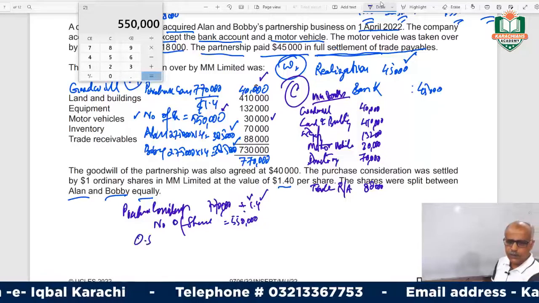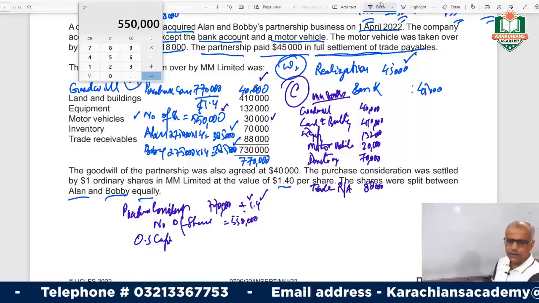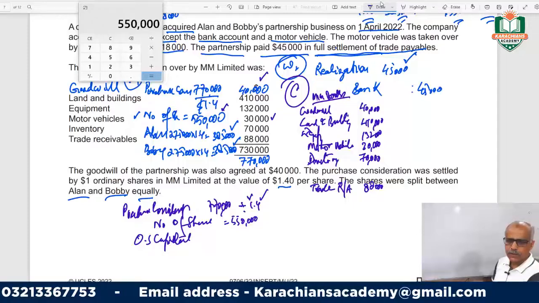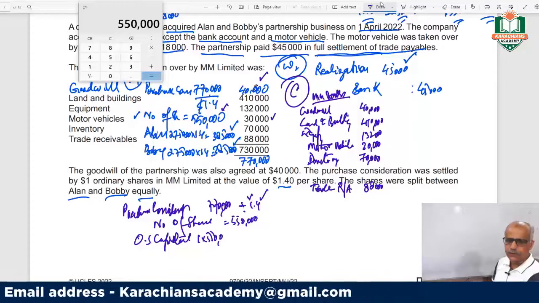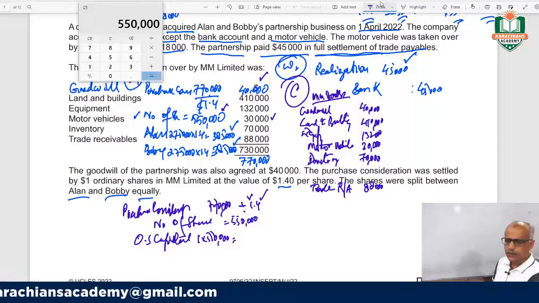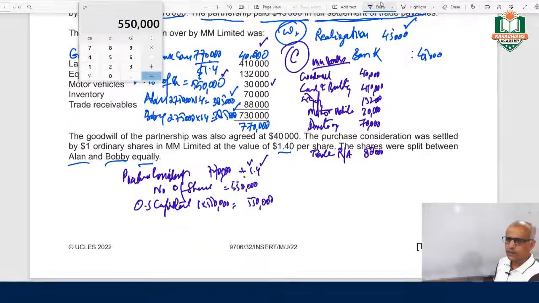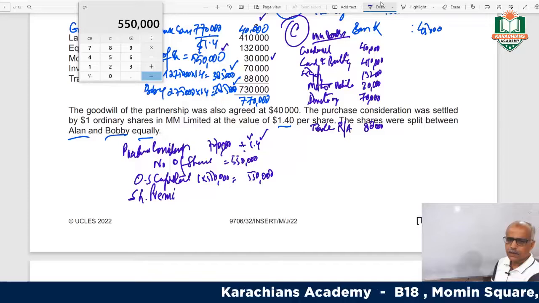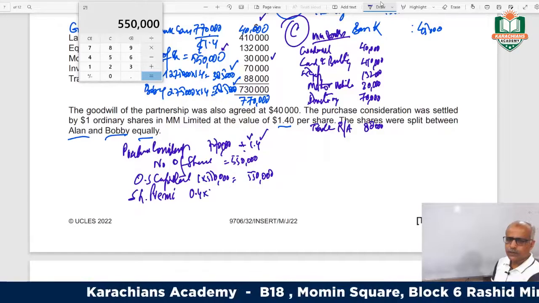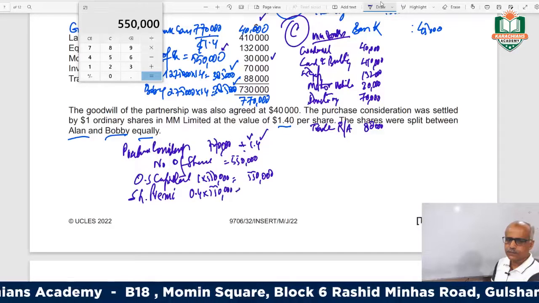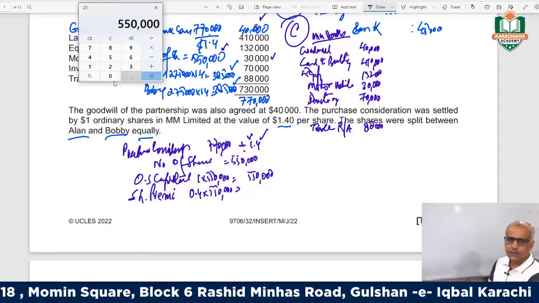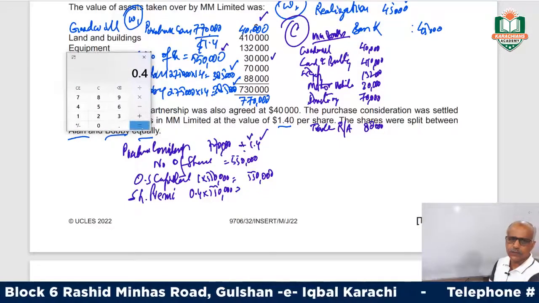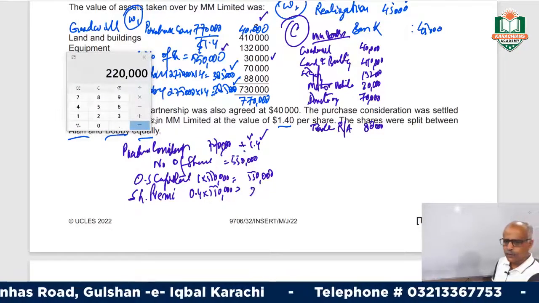So ordinary share capital is 1 into 550,000 shares, equals 550,000, and share premium is 0.4 into 550,000, which is 220,000.